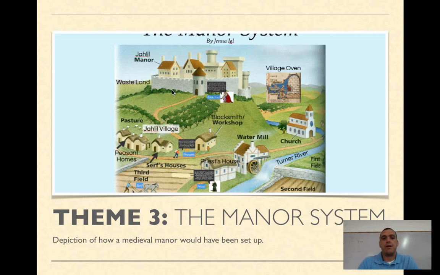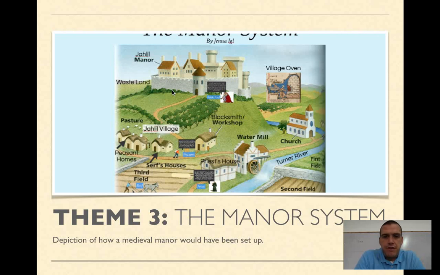So, anyways, here is more of a visual for you to kind of understand what a manor would look like. You see the castle on the hill, the little village, the little fields, the water mill, the church.